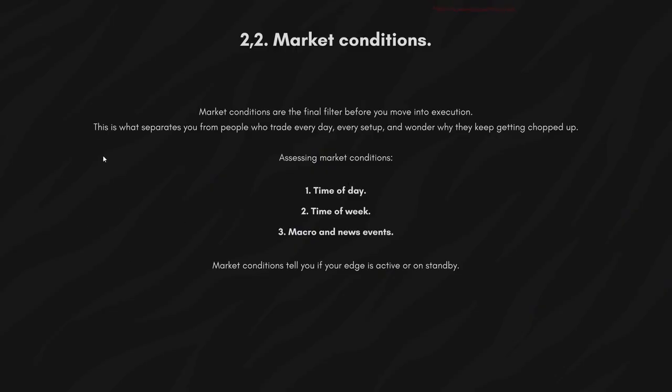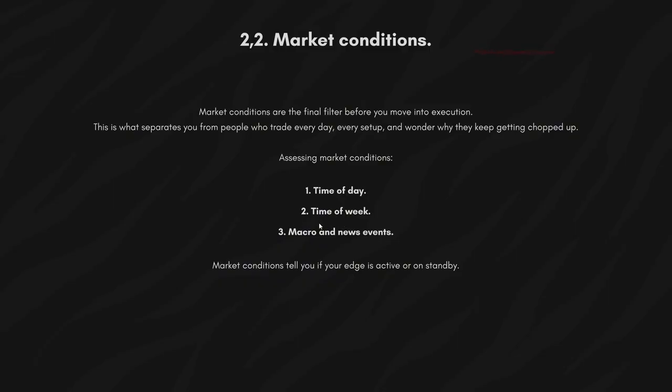You could have all of those other elements figured out, but if the time of the day isn't right, you're still going to lose. So you need to make sure that you are trading within a key time at the correct time.